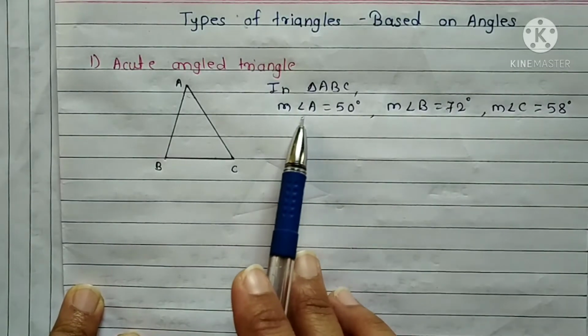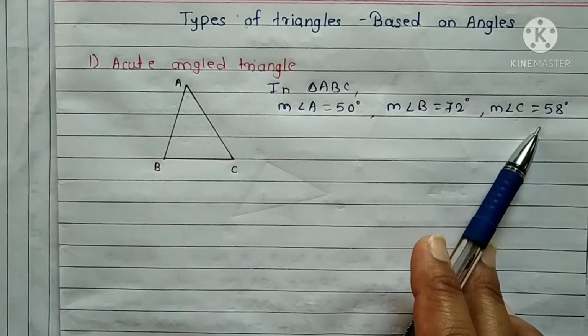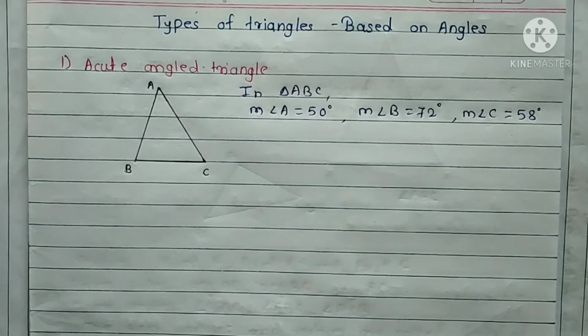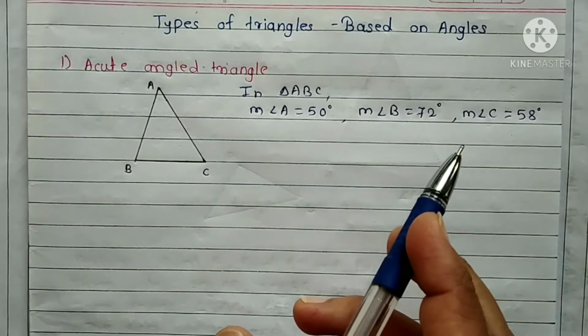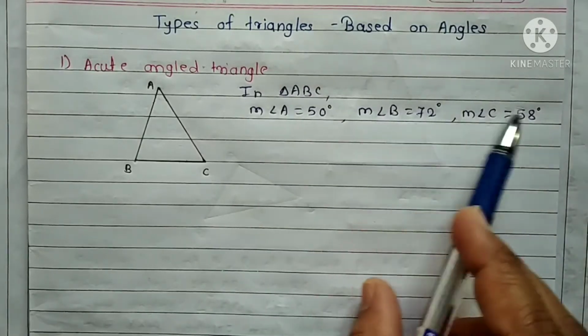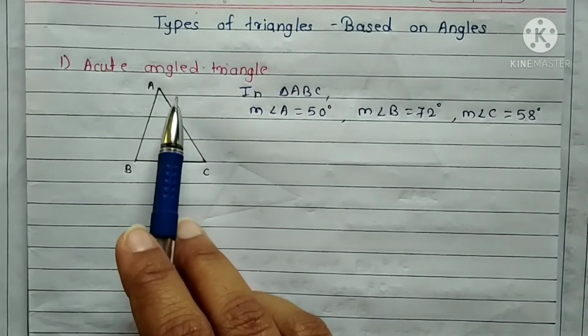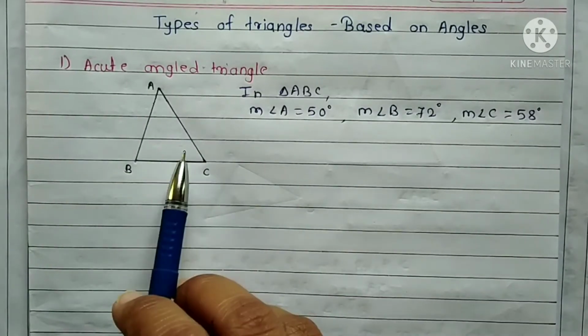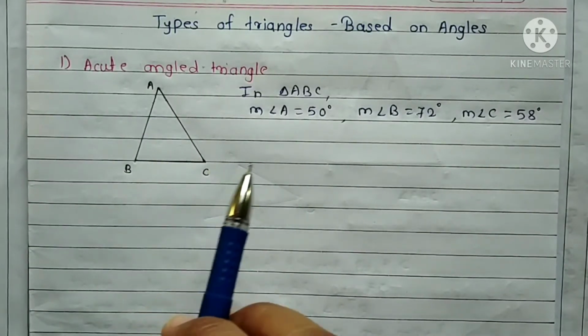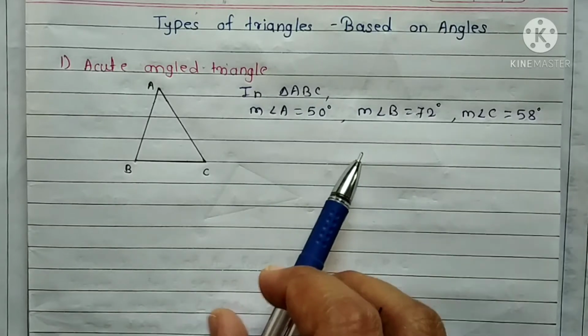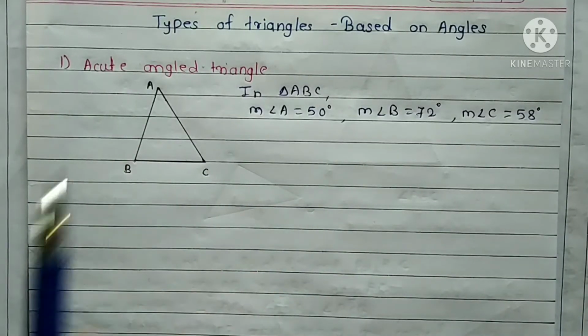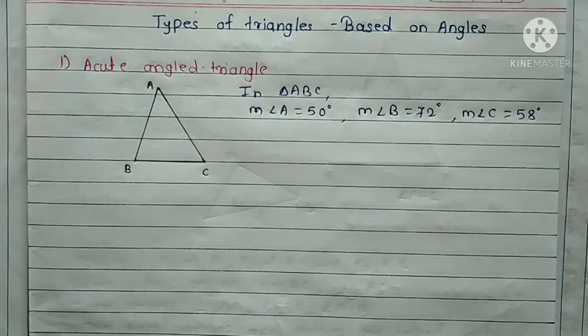These three angles are acute angles. Acute angle means an angle which measures less than 90 degree, and these three measures are less than 90 degree. That means in this triangle all three angles are acute. This type of triangle is called an acute angle triangle.